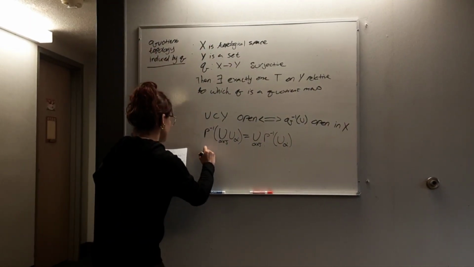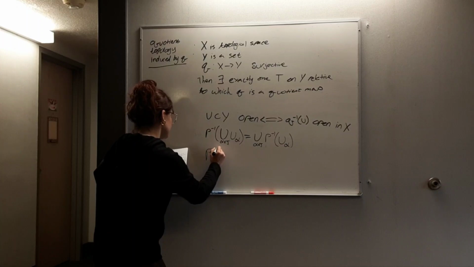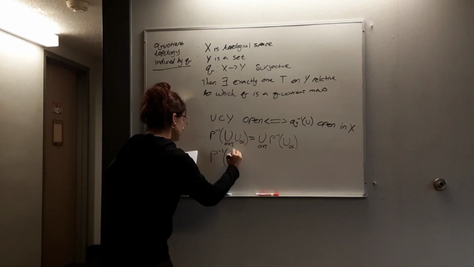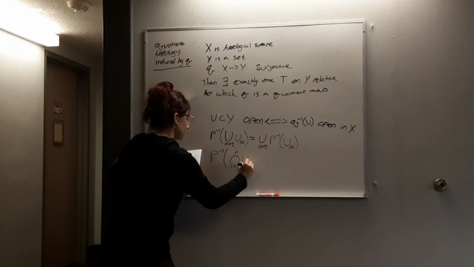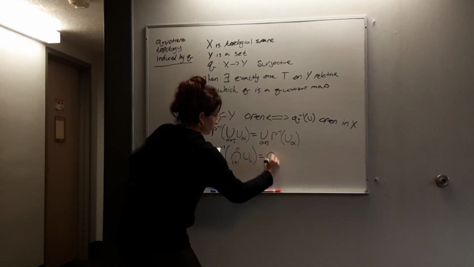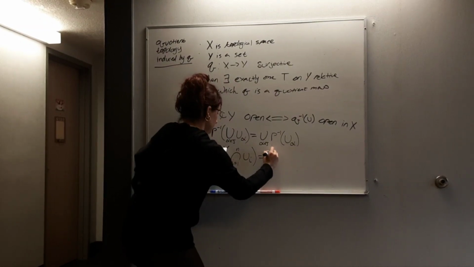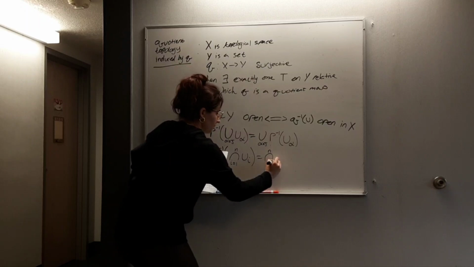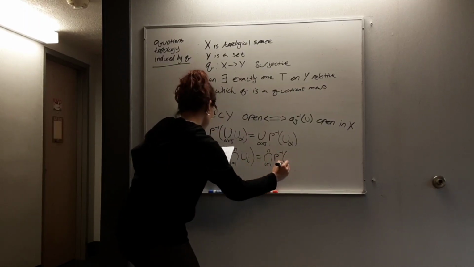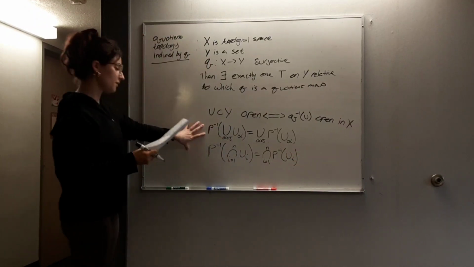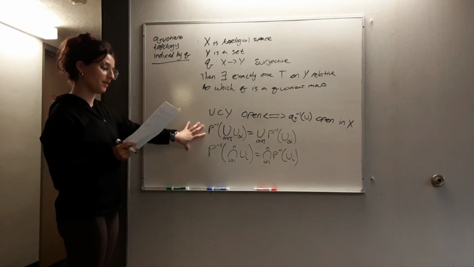Then we're also going to get P inverse of the intersection of i going from 1 to n of U i, which is equivalent to the intersection of i going from 1 to n of P inverse of U i. So these are going to be some important equations to remember for later on.